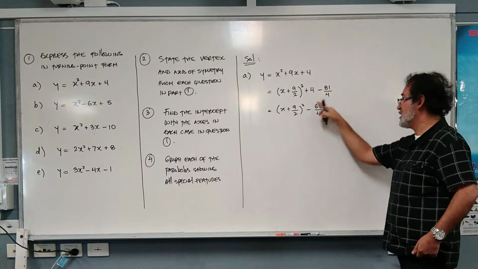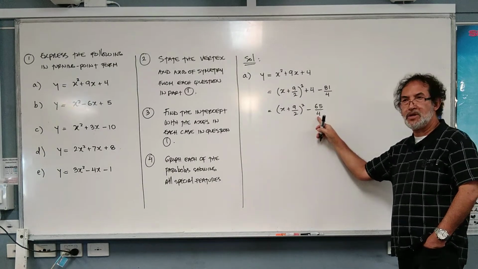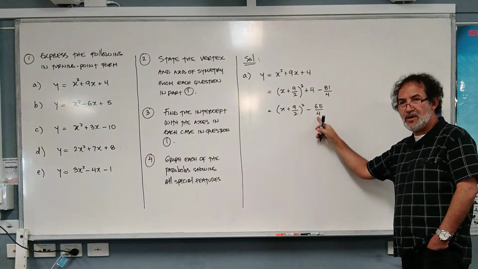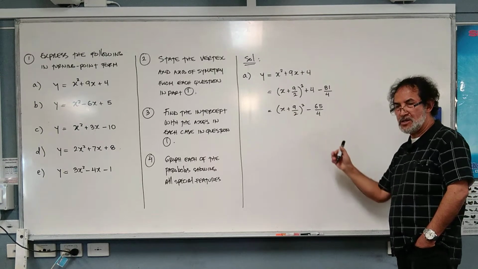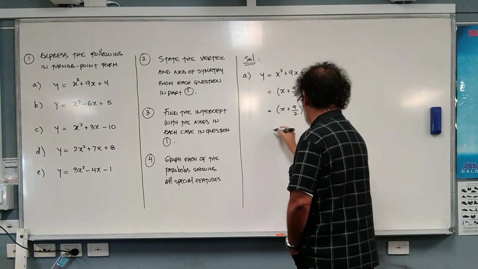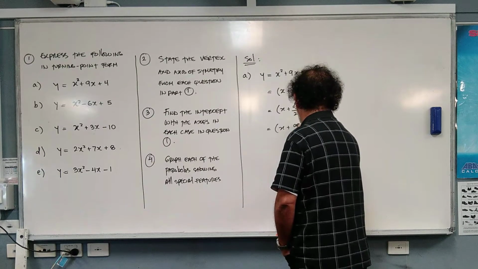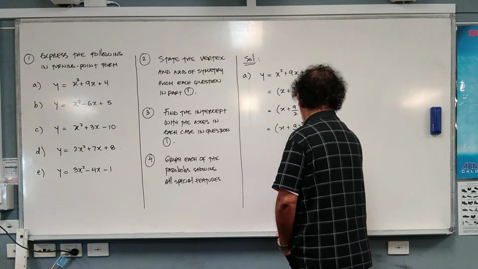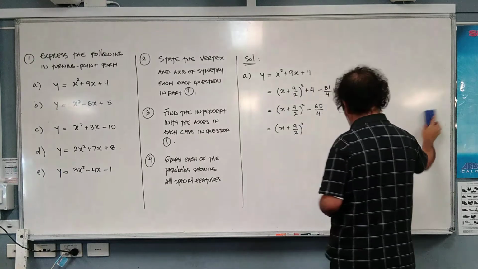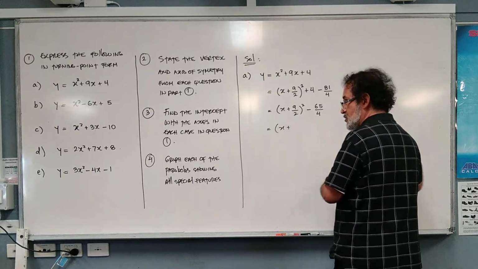And then if you want, you can express this as a mixed numeral, so it's easier when sketching. Or you can say, well, y is equal to x plus 9 on 2, squared. Or if you want, you can even change this to a mixed numeral.